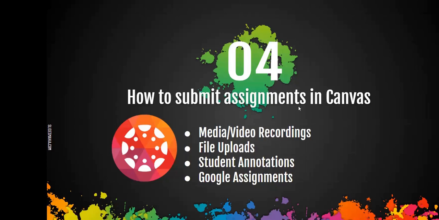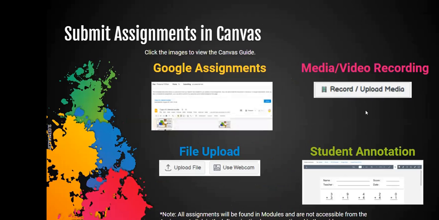All right. So we're going to look at how to submit assignments in Canvas via media and video recordings, file uploads, student annotations, and Google Assignments. In the slideshow, when you have access to it, you will be able to click on each of these images to get a Canvas guide, and it's a step-by-step on how to do each assignment submission.